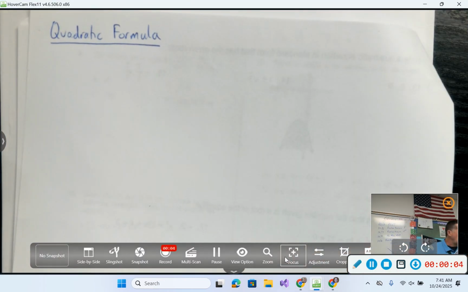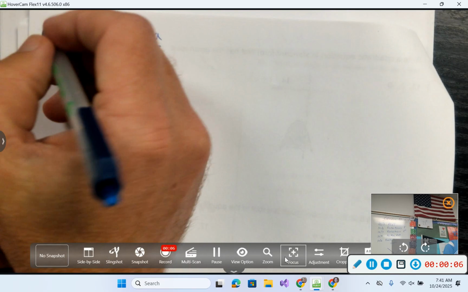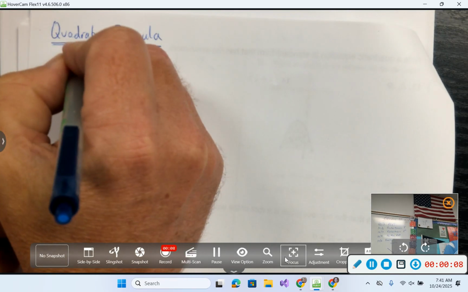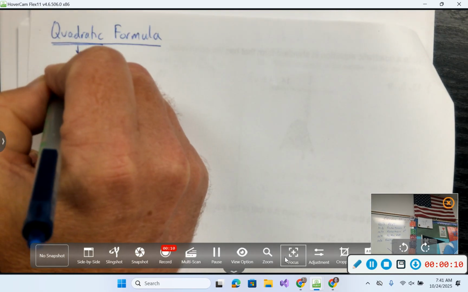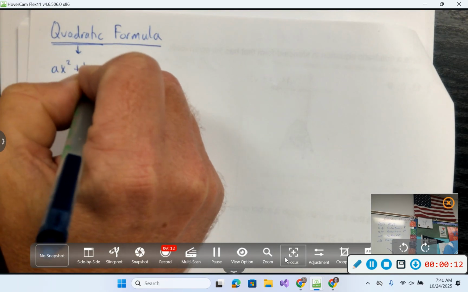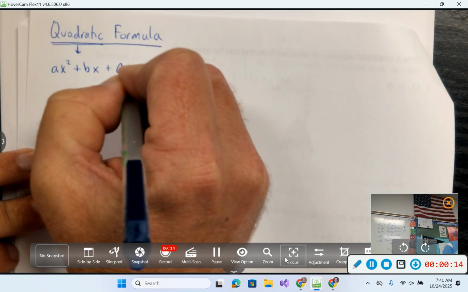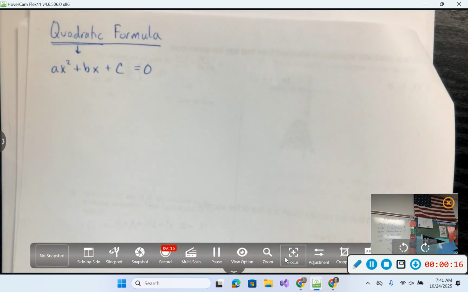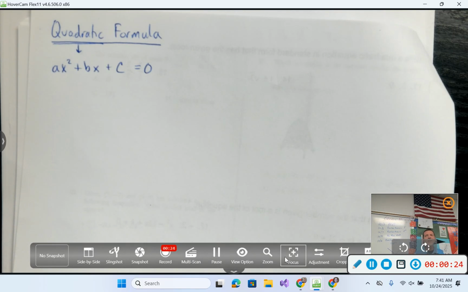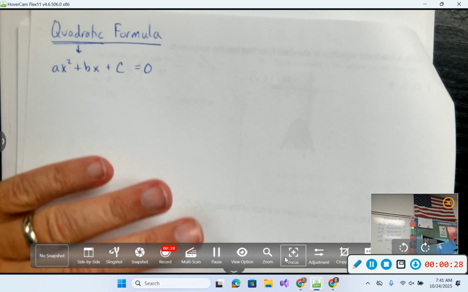Quadratic formula. The quadratic formula is used to solve a quadratic equation, ax squared plus bx plus c equals 0. And unlike some of the other methods we've used, the quadratic formula always works.